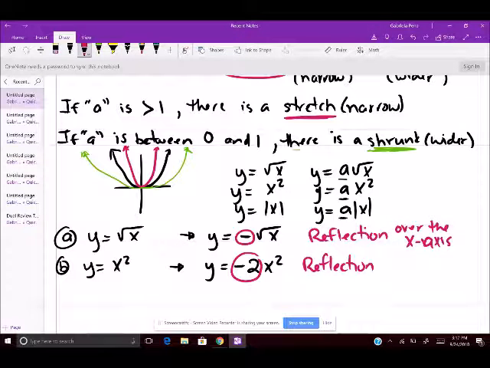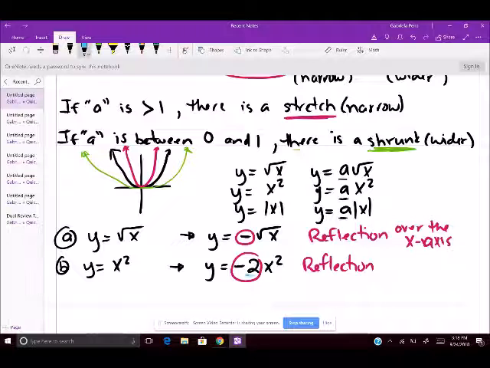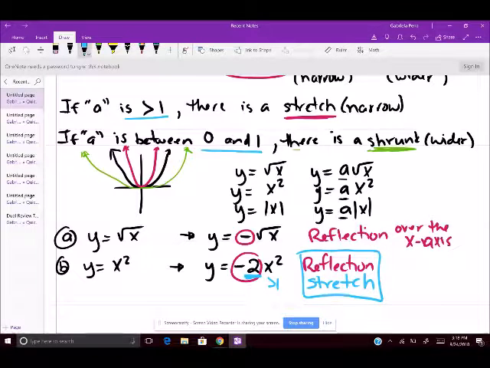Looking at the number 2, is the number 2 going to be greater than 1 or between 0 and 1? Because it is greater than 1, then there is a stretch. So this would be my answer for B.